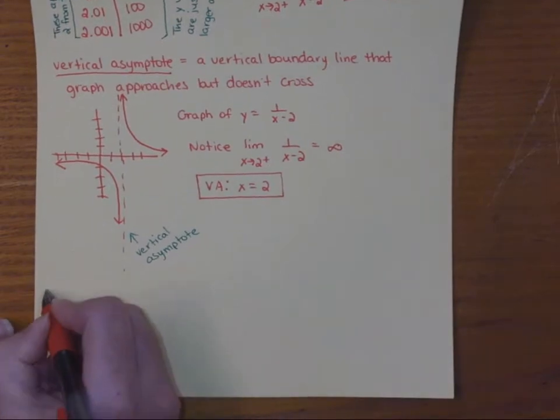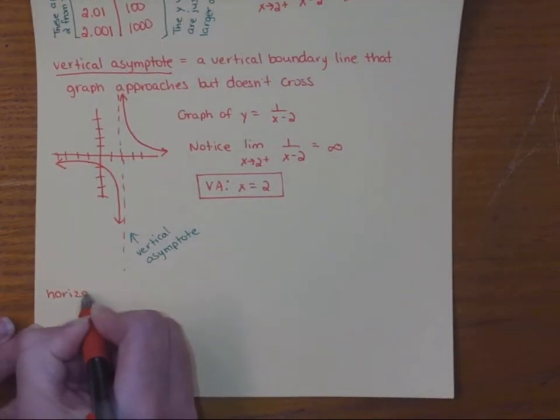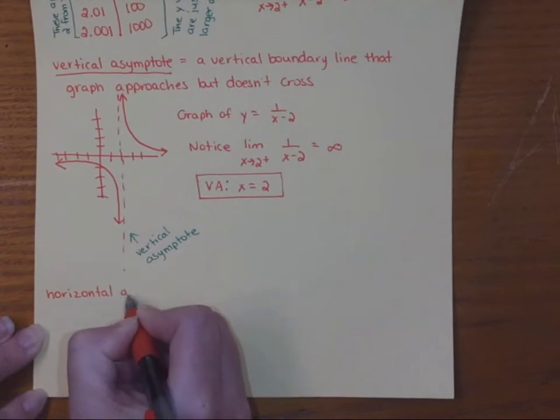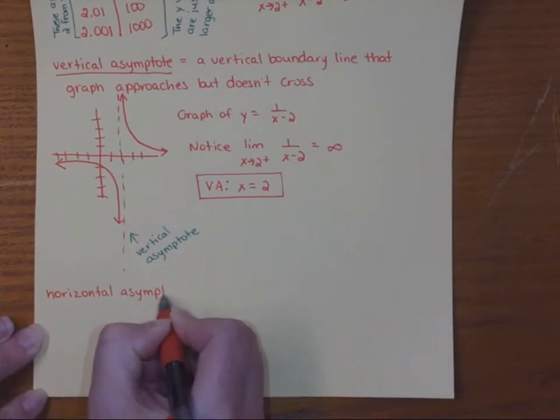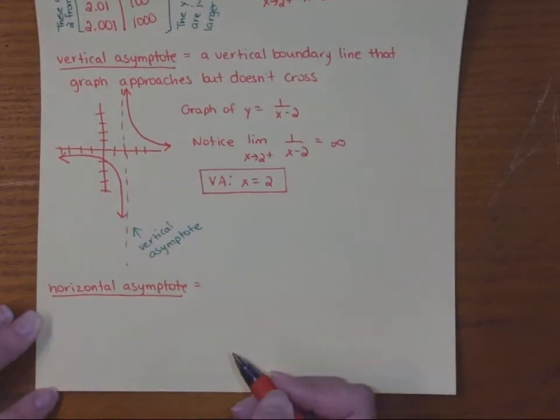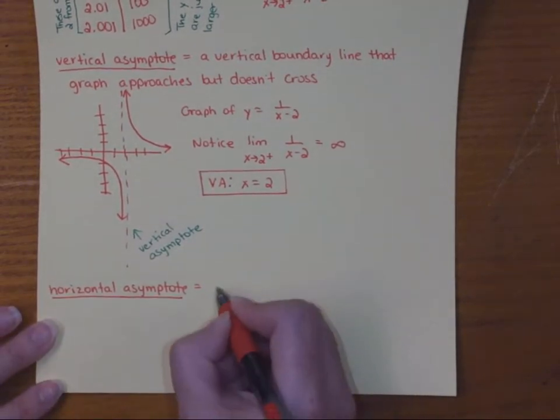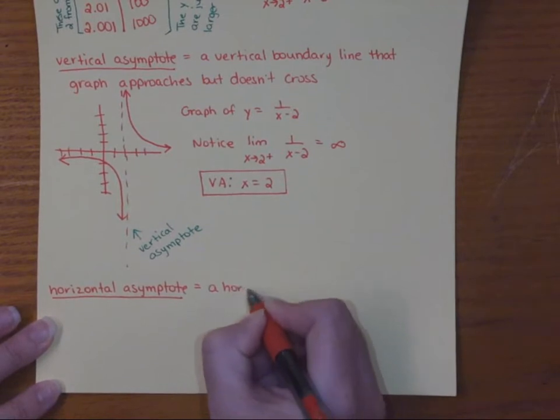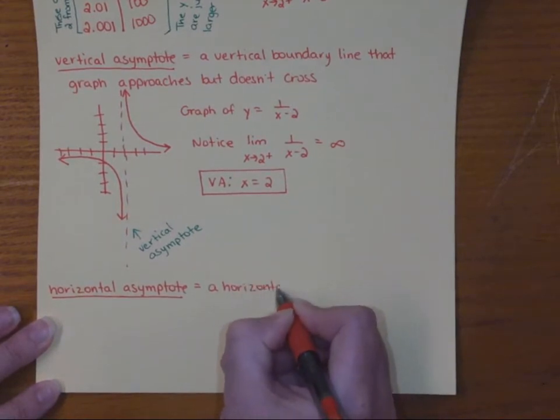All right, so we can have a vertical asymptote and we can also have a horizontal asymptote. You could probably guess what that is. If a vertical asymptote is a vertical boundary line the graph doesn't cross, a horizontal asymptote is similar, although there are some differences.